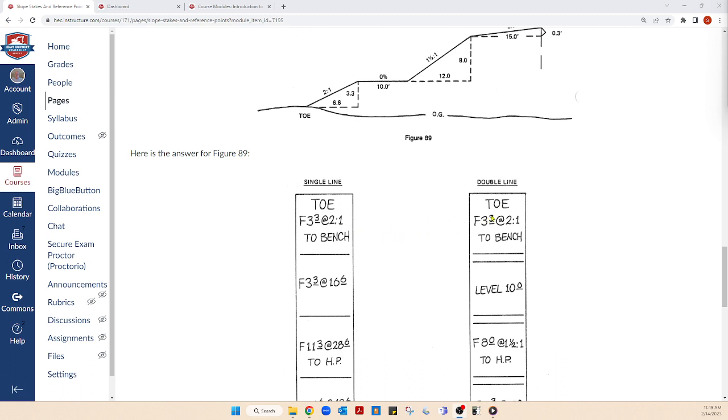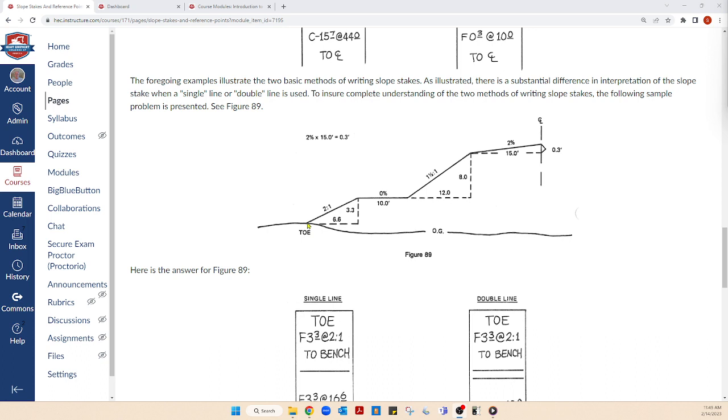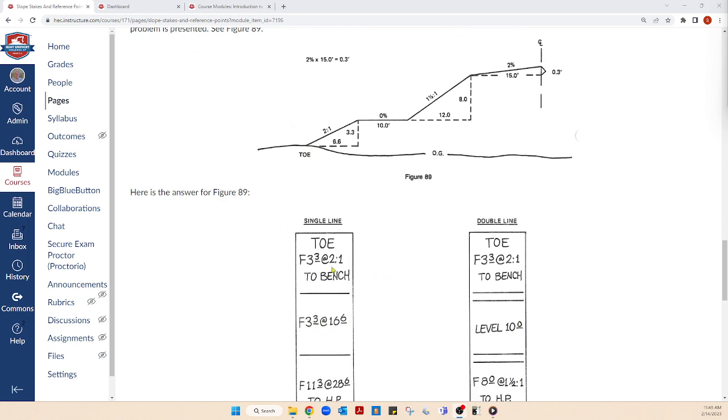This information will be on this toe. Now, you remember in slope staking, sometimes it tells you where to set your toe stake. This one's not doing that. Here's the toe. Here's the information.